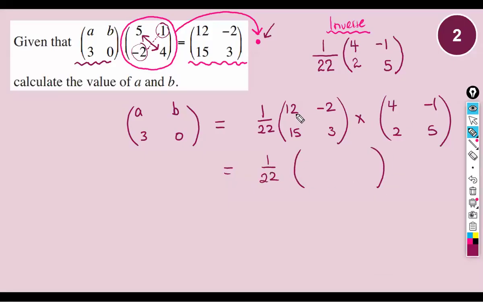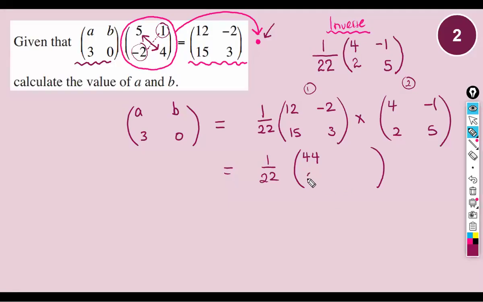When you multiply, I'll just call this matrix 1 and matrix 2 for simplicity. When you multiply matrix 1 by matrix 2, we're supposed to get 4 answers. Let me work on getting the 4 answers quickly, right? I'm getting 44 over here, right?